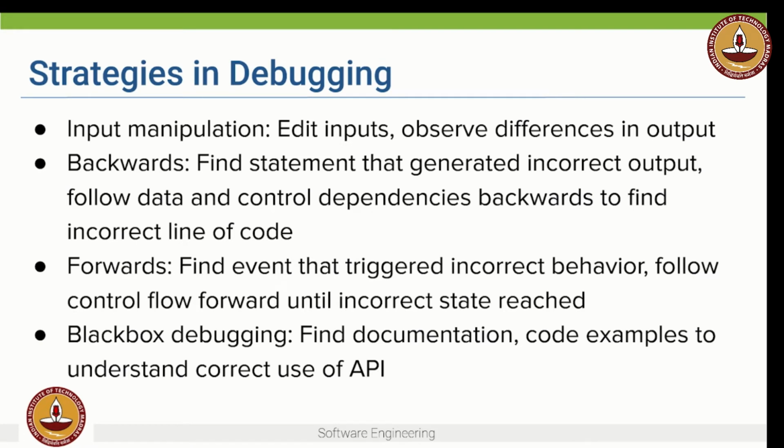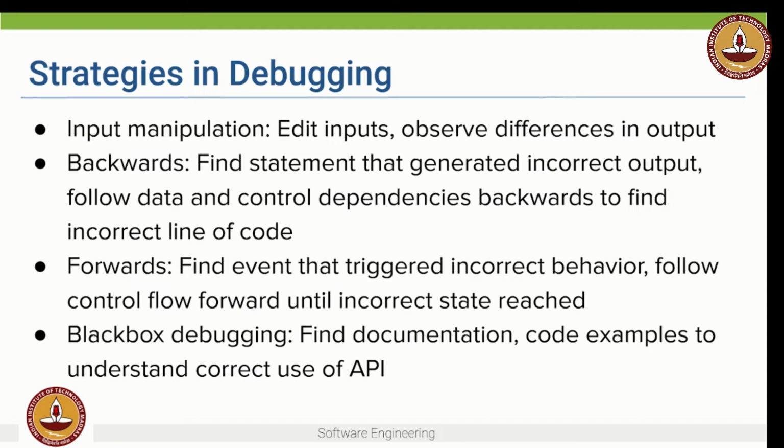And finally, there is another strategy known as black box debugging. This has to do with whenever we work with APIs or libraries from other sources. So we look at documentation, we look at code examples to understand the correct usage of that API.